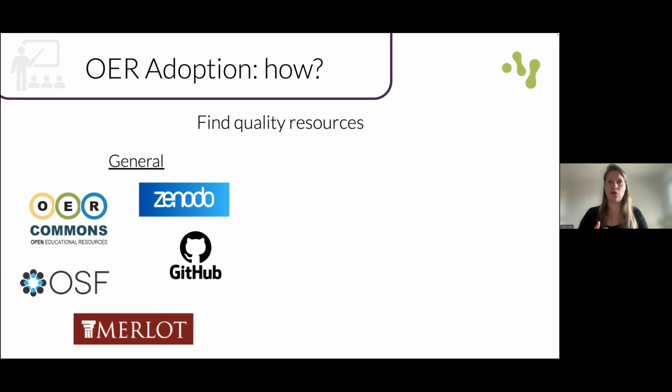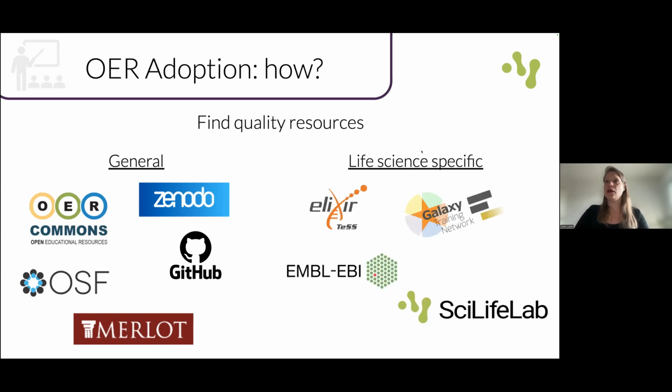That's more, again, for kind of university courses. So these suggestions that you see here have more content for short form training, for example, in the life sciences. Then we have some life science specific repositories.